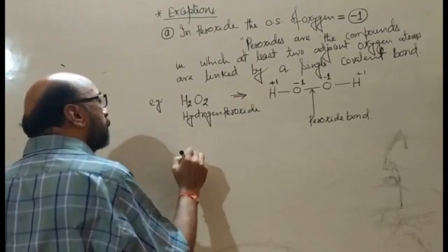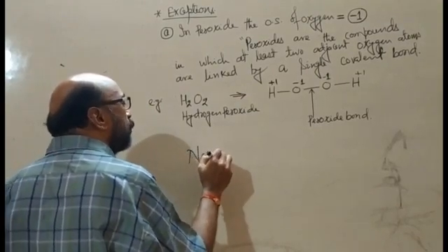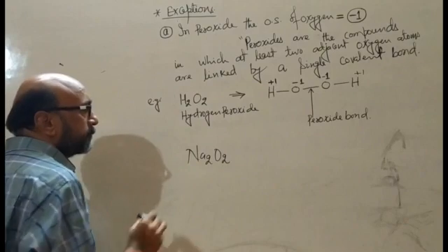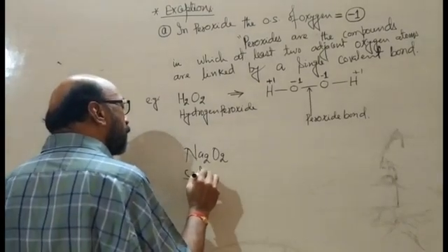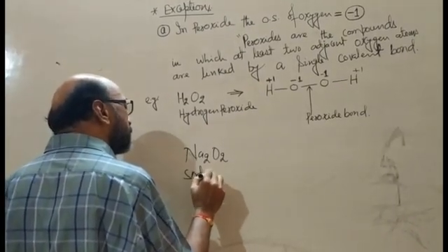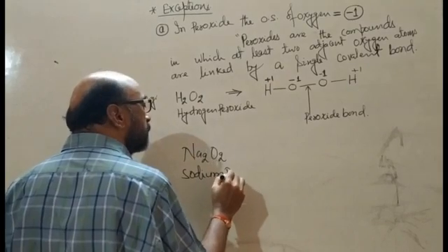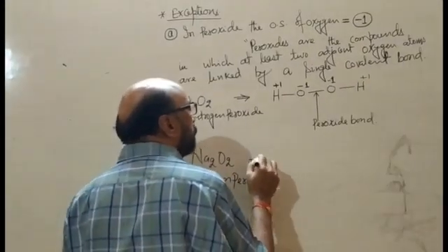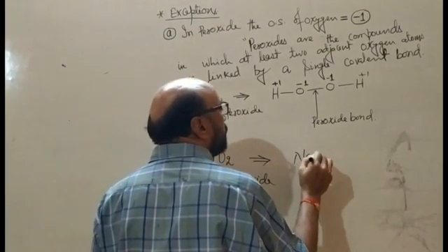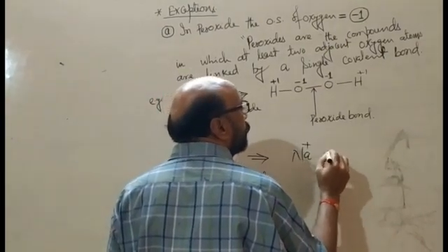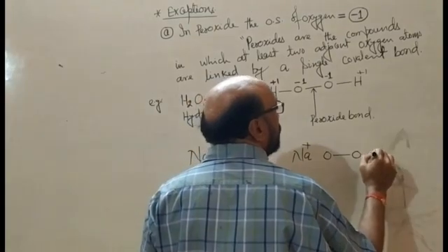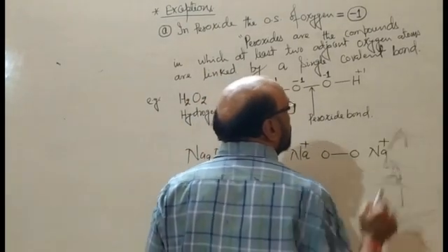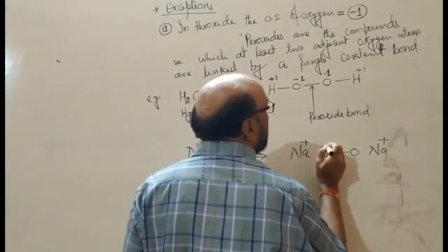Another example is Na2O2, sodium peroxide. You write it like this: Na plus, O single bond O, Na plus, and here is -1, -1.